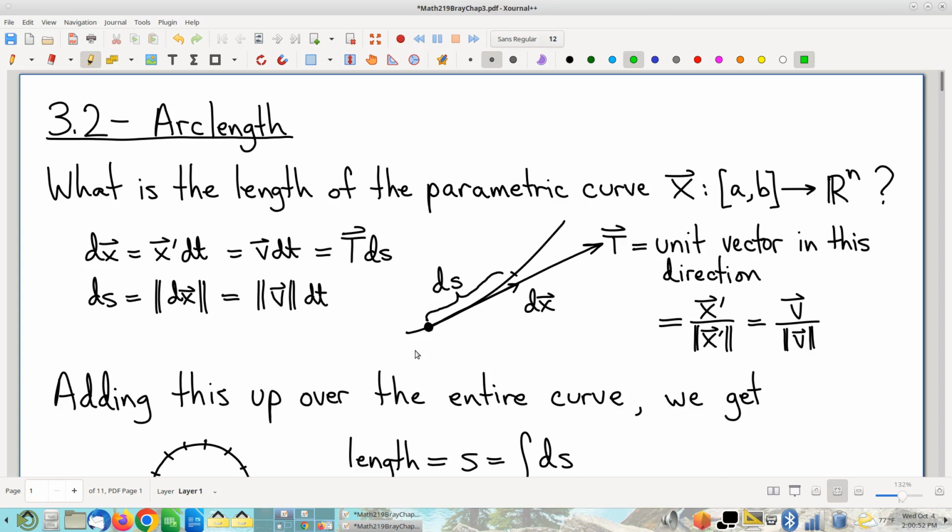So now on to section 3.2 on arc length. This is kind of a weird section. Some of the material in this section is really, really, really important. Other of the material in this section is important for mathematical reasons that don't actually really quite affect y'all as much, and therefore don't really quite make the cut to be worth spending a lot of class time on.